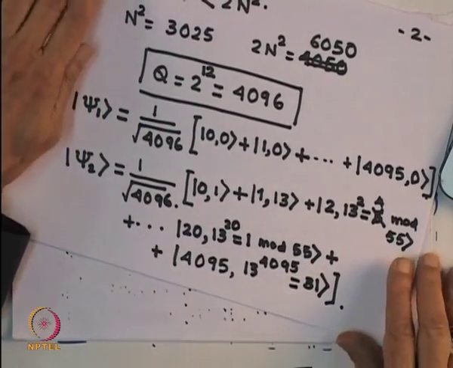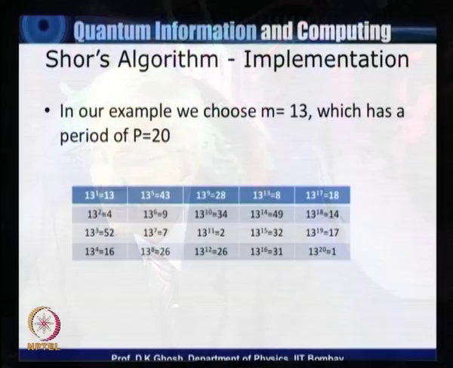Now at this stage, suppose I were to measure the second register, then what I would get would be a random value from 1 to the last value that I calculated for 13, various powers. Let me go back to my table there.